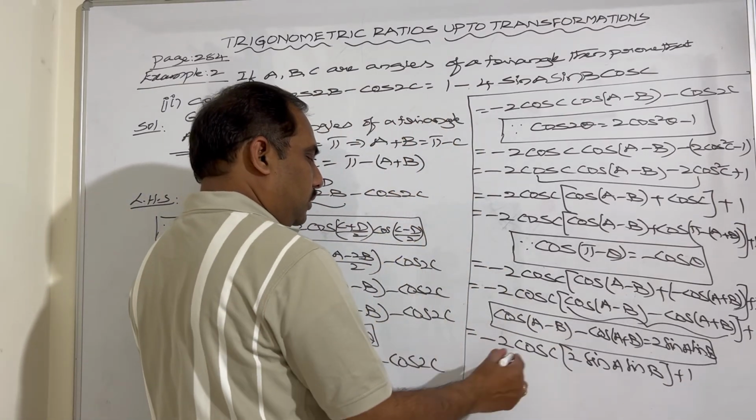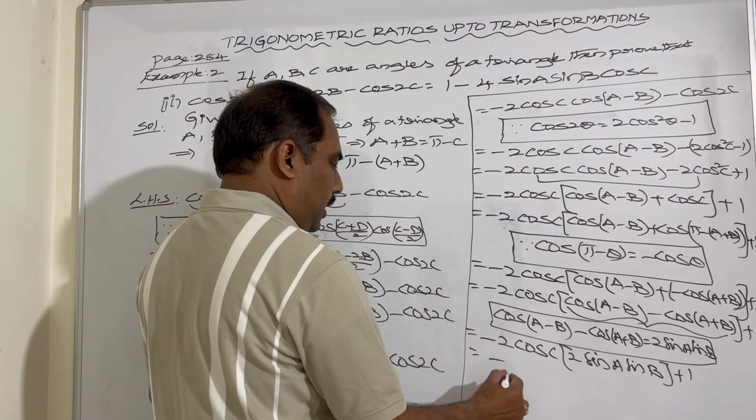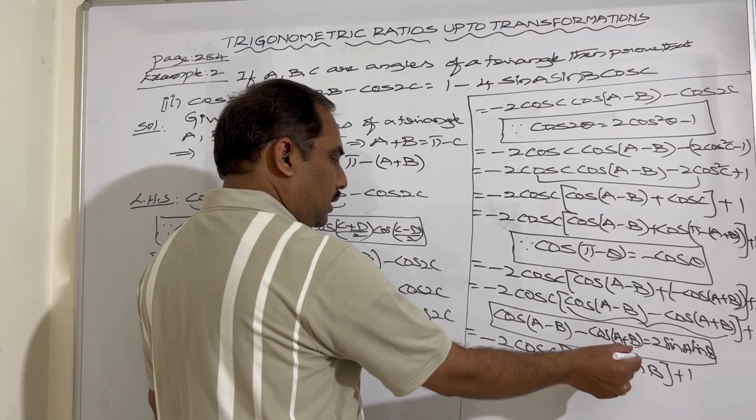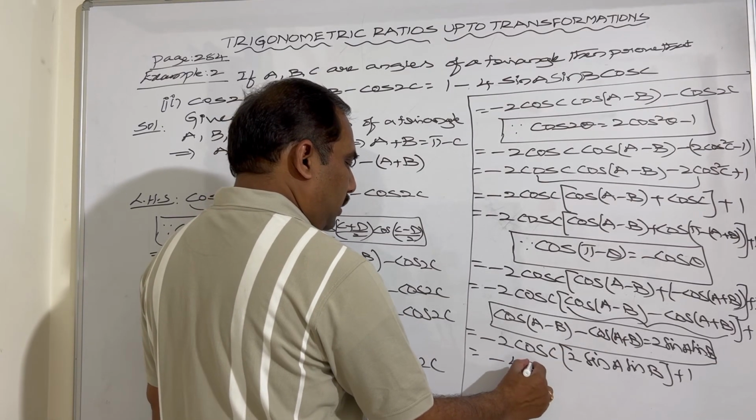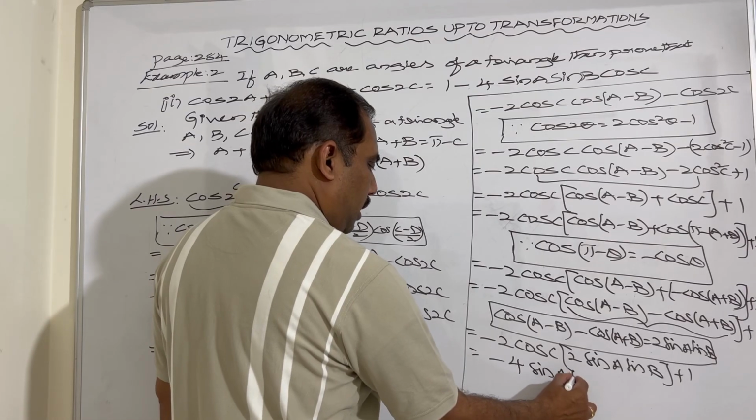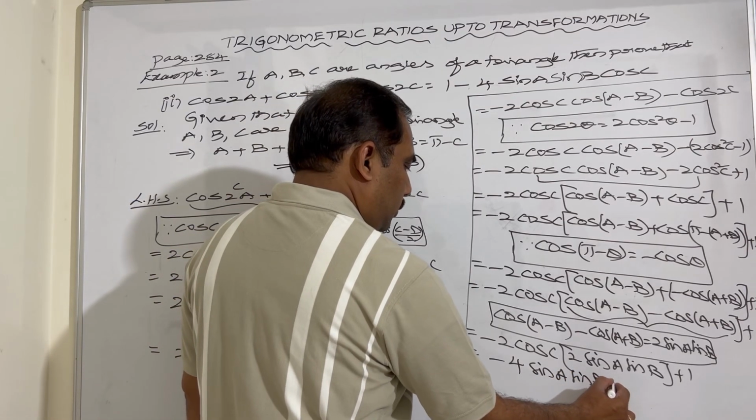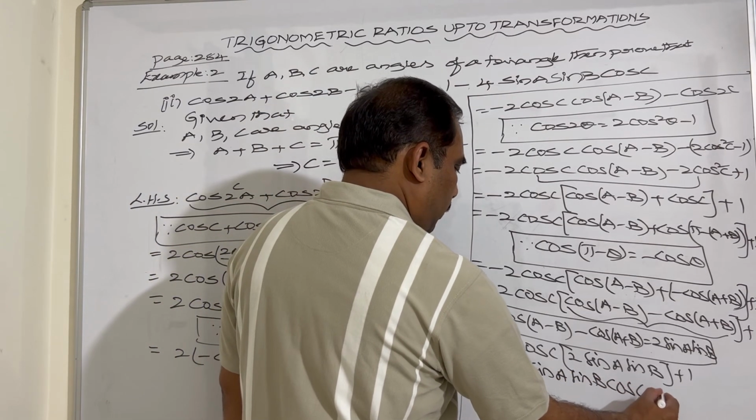Now if you multiply minus 2 cos C inside the bracket, we get minus 4 sin A into sin B into cos C, plus 1.